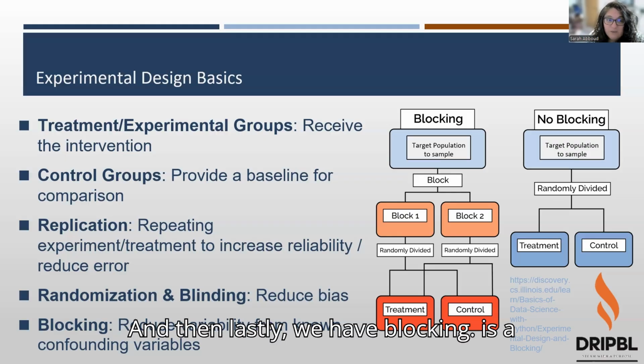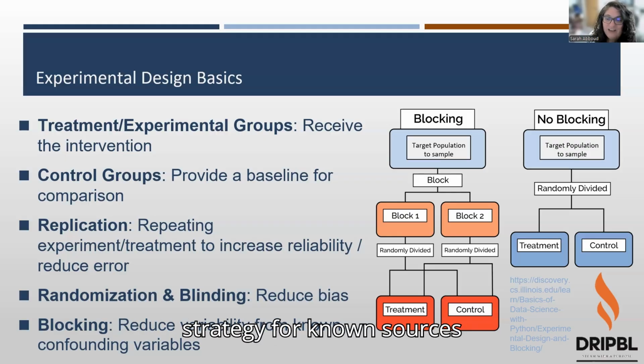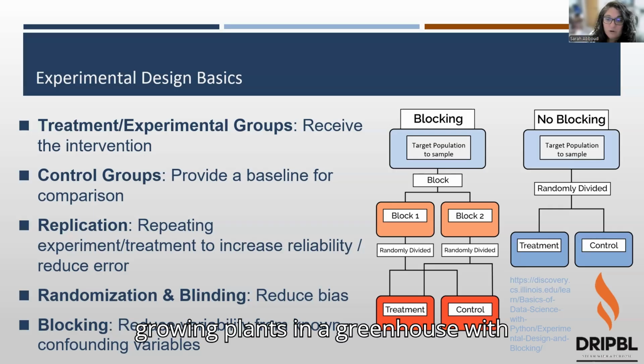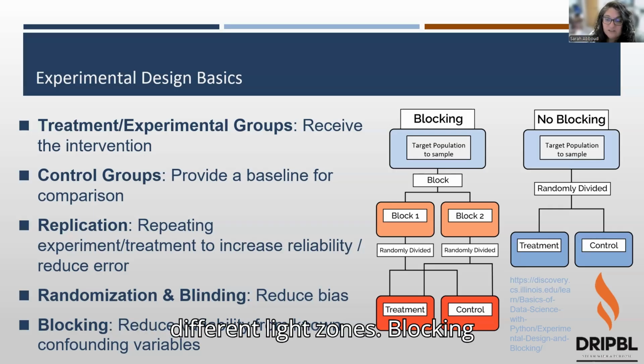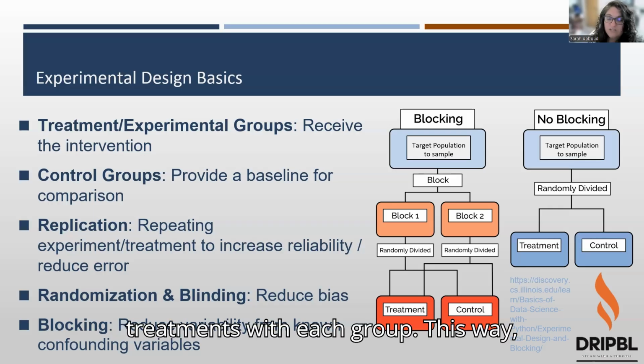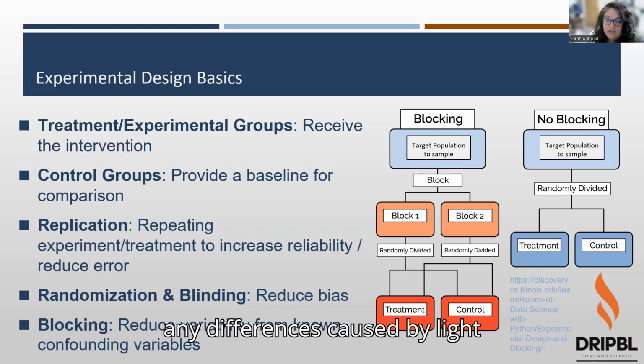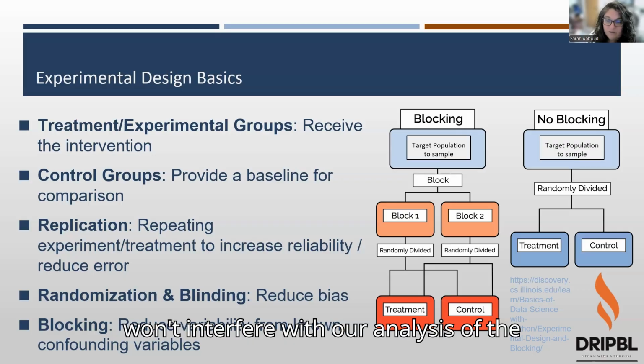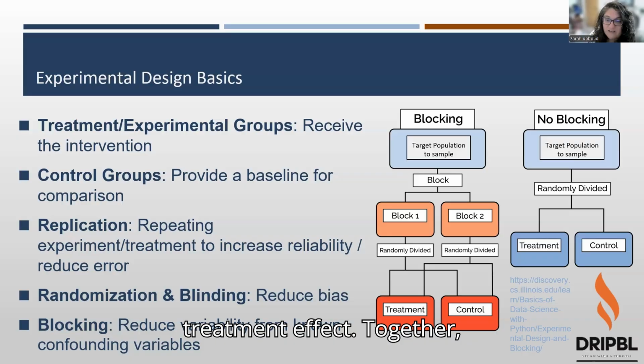And then lastly, we have blocking, which is a strategy for known sources of variability. Let's say we're growing plants in a greenhouse with different light zones. Blocking would group plants by light exposure and randomize treatments within each group. This way, any differences caused by light won't interfere with our analysis of the treatment effects.